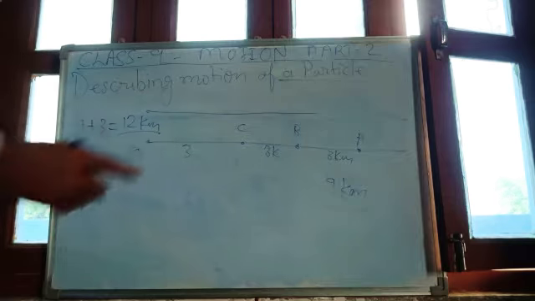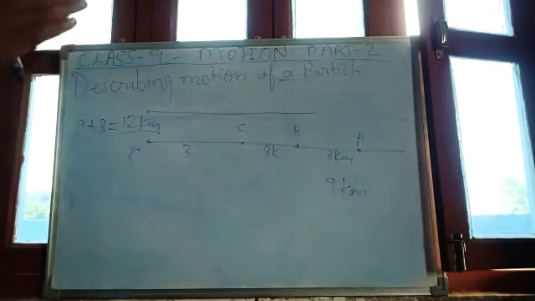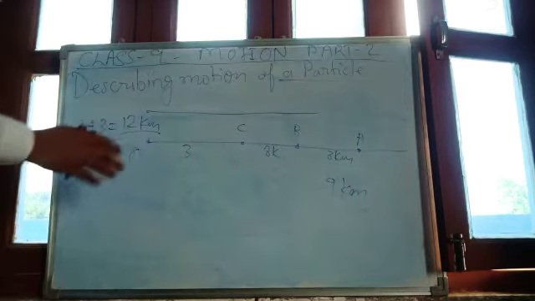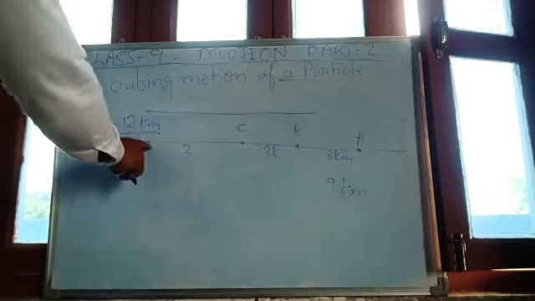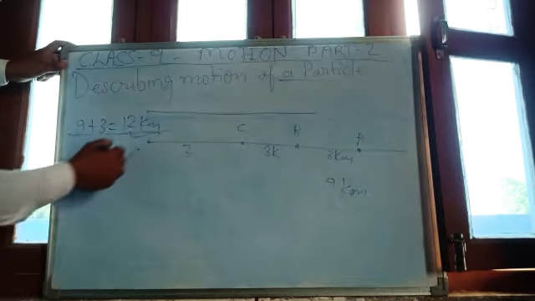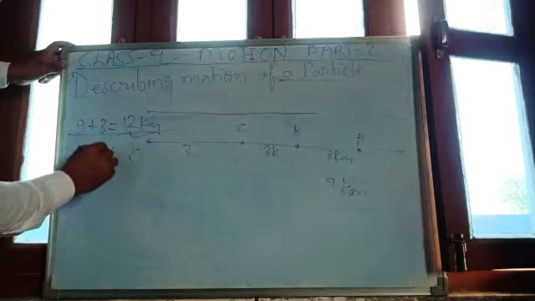In the first scenario, it was the same, 9 km. But here the distance covered by the particle and the distance between initial and final position are different. It is 12 km, and the distance between initial and final is 6 km only.